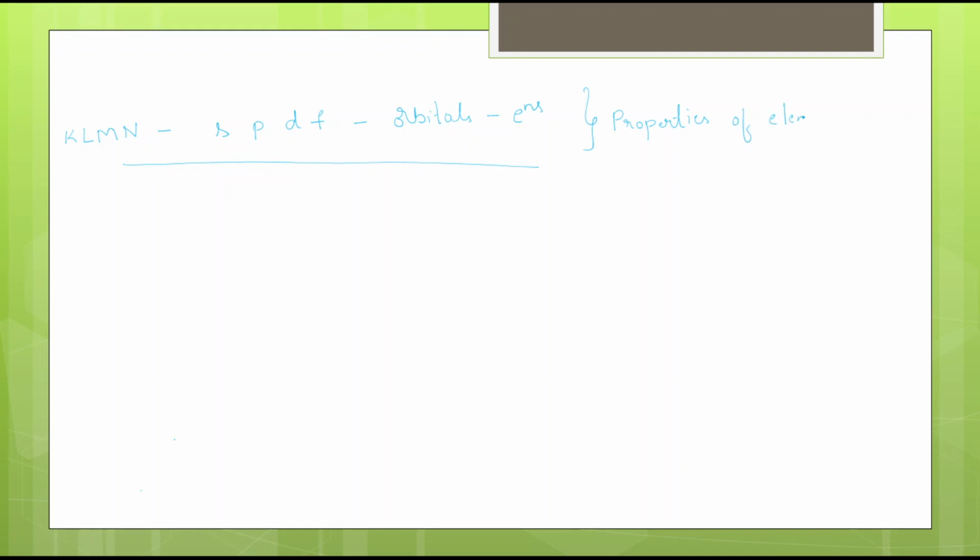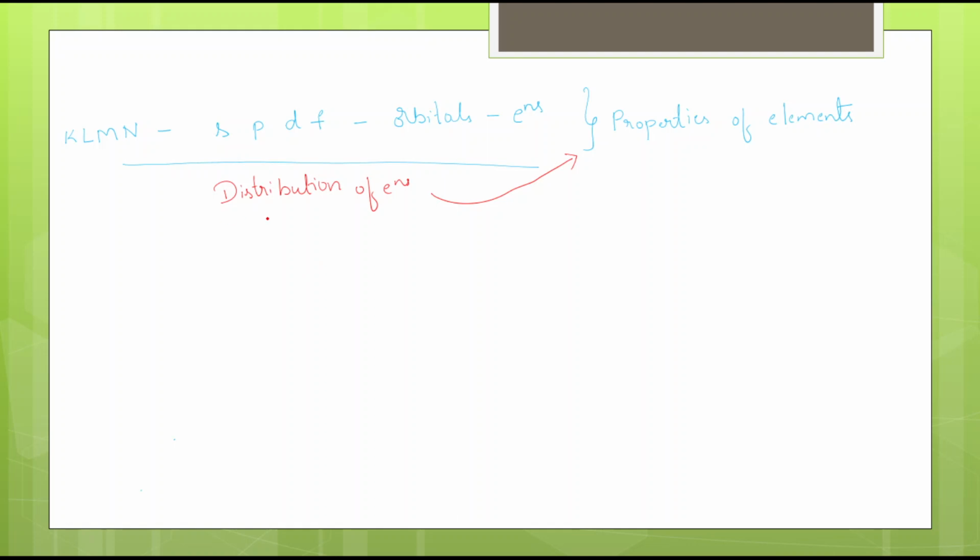If you want to know the properties of elements, you need to check which main shell is present, which subshell is present, and in which orbitals electrons are distributed. So the main important thing is the distribution of electrons. If you know it, you can easily study the properties of elements.